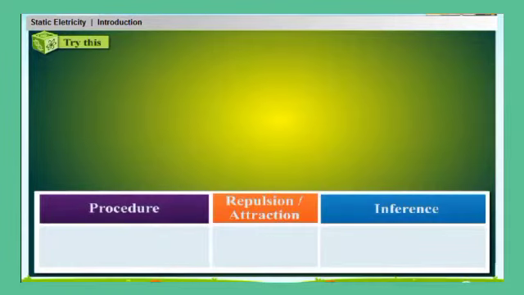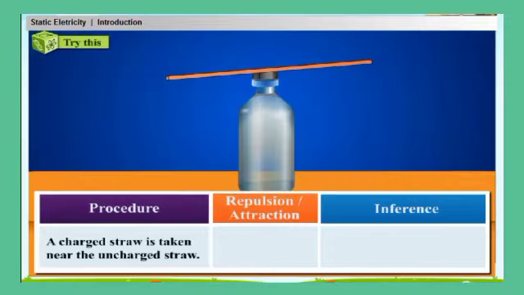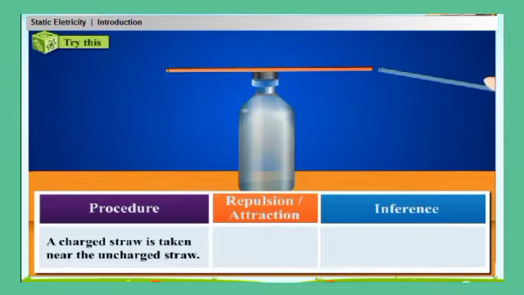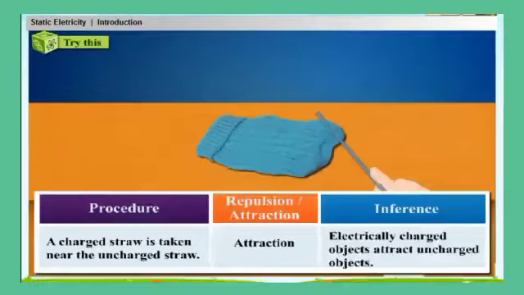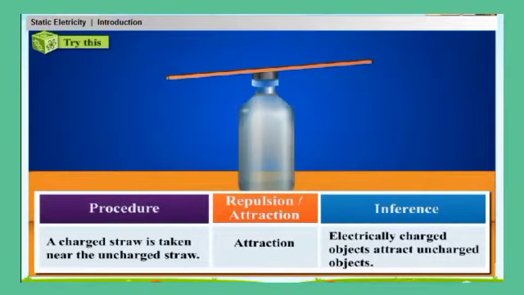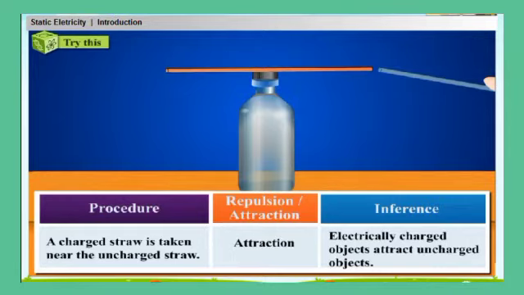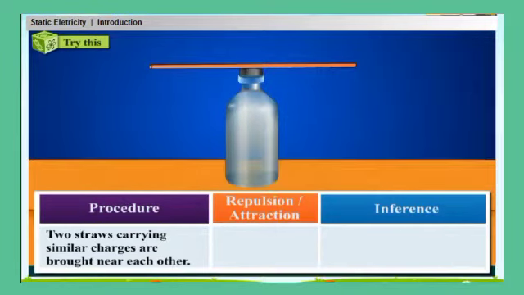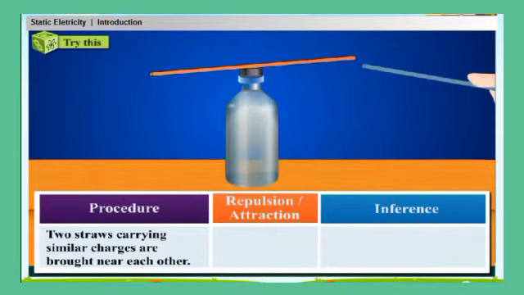Note the procedures: repulsion or attraction, inference. Procedures: a charged straw is taken near the uncharged straw. Attraction. Inference: electrically charged objects attract uncharged objects. Procedures: two straws carrying similar charges are brought near each other. Repulsion.